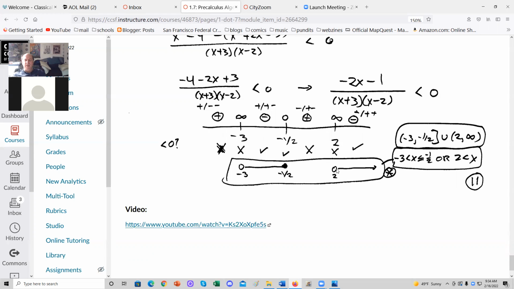And this half open line here, which is everything to the right of 2. So we denote this graph by round bracket −3 to −1/2 square bracket, union, round bracket 2 to infinity, round bracket. Or in other words, −3 less than x less than or equal to −1/2, or 2 less than x.